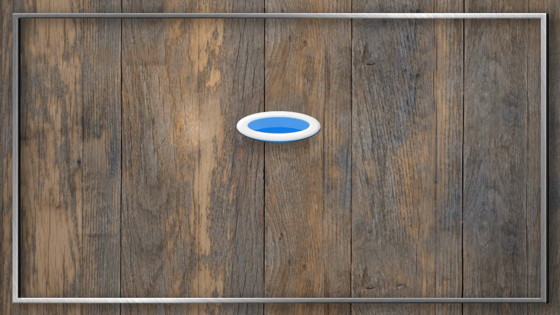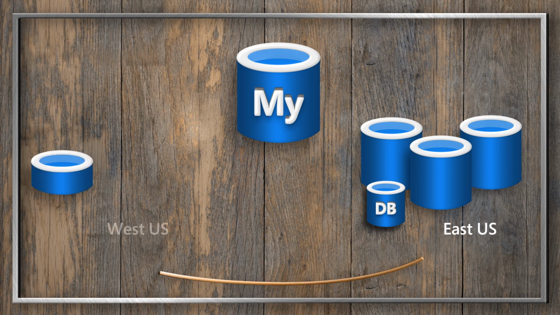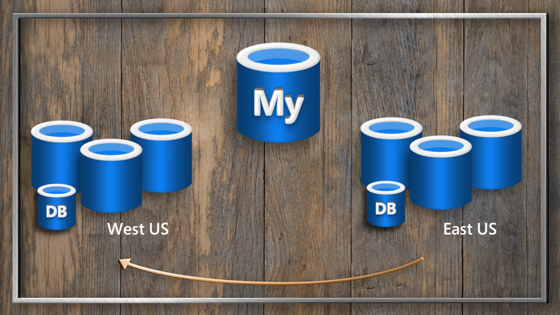If you use a zone-redundant backup storage, multiple copies of the backup files are not only stored within the availability zone in which your server is hosted, but are also replicated to another availability zone in the same region. The third option is to use geo-redundant backup storage. In this scenario, multiple copies of your backup files are not only stored within the region in which your server is hosted, but also replicated to its geo-paired region.